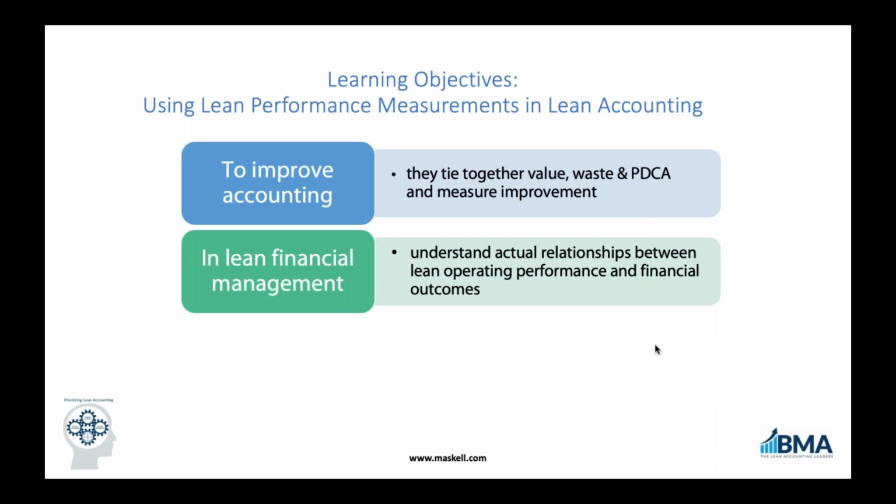So in the world of accounting, understanding lean operating performance measures and what they reveal helps tie lean operating performance to financial performance, and helps accounting do a better job of explaining the financial results.